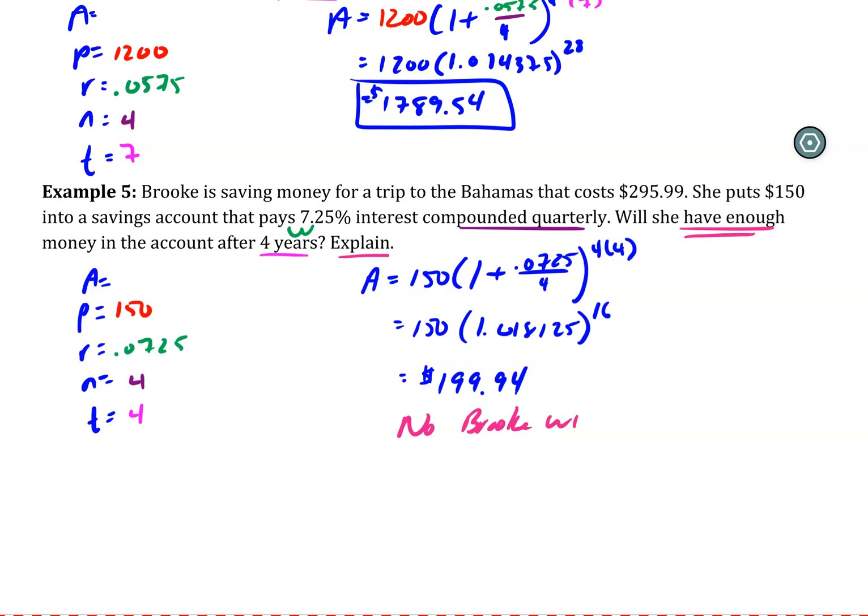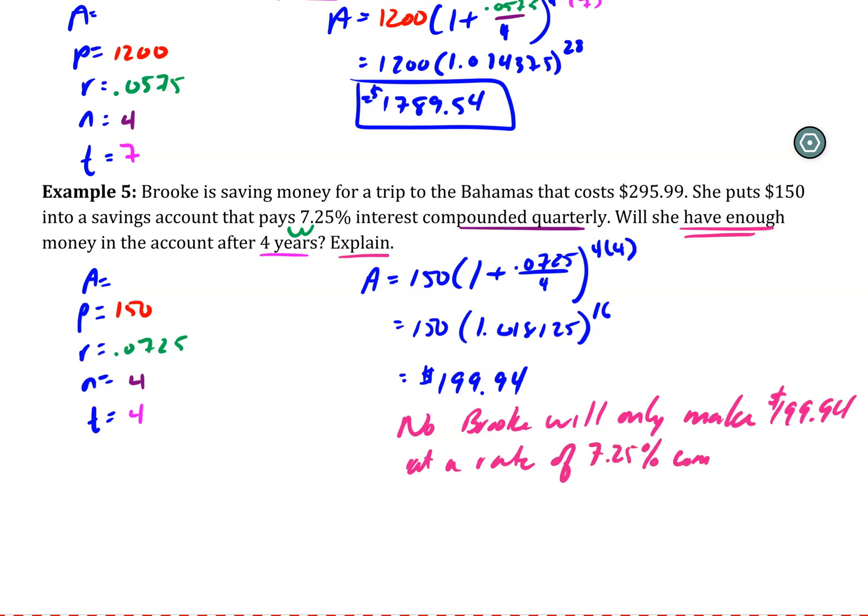Brooke will only make $199.94 at a rate of 7.25% compounded quarterly.